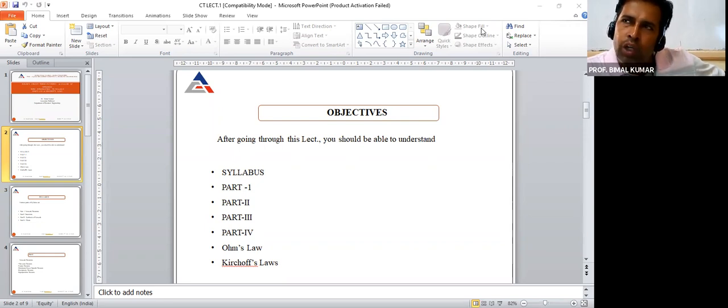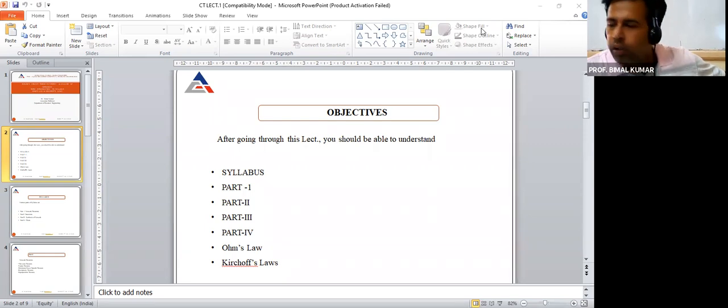Analysis is to calculate voltage, current, energy or power across any element by using different techniques, different basics, right?